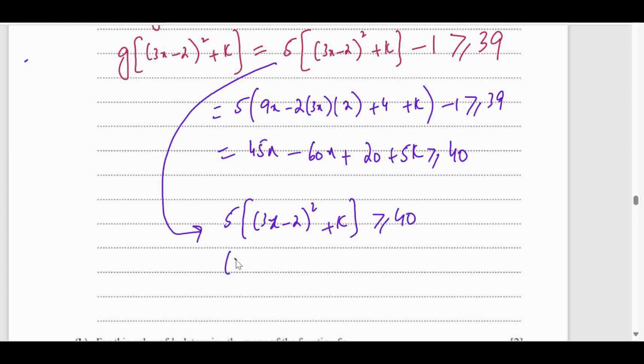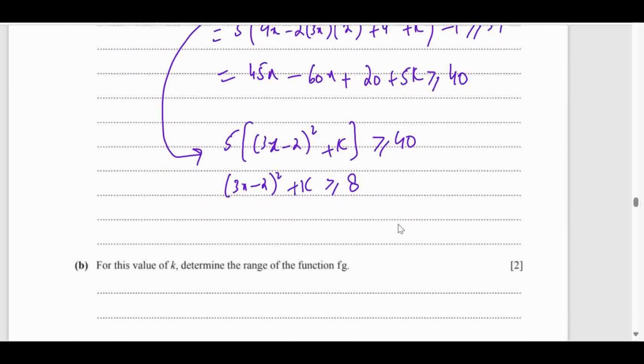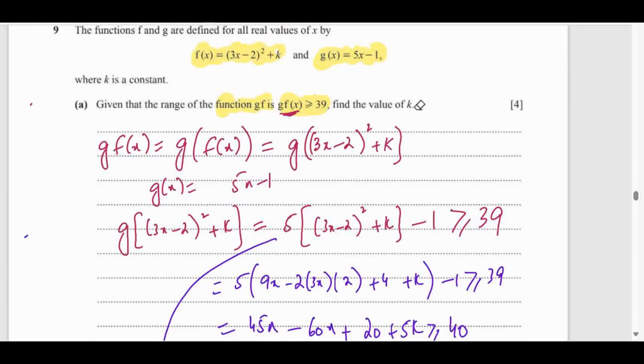So this will be (3x minus 2) whole square plus k greater than or equal to 8. And if we rearrange it, this will be (3x minus 2) whole square. Now from here we can clearly see, find the value of k.